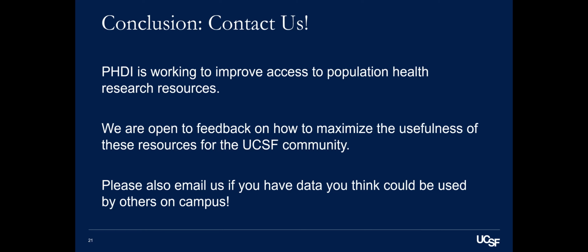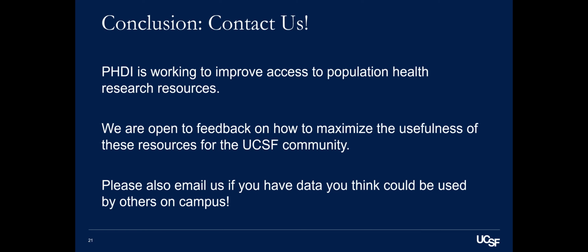And we also would love for you to email us if you have data that you think could be used by others on campus. For example, we've had people at times who were purchasing the American Hospital Association annual survey of hospitals for their own research, email us and say, hey, my grant is going to pay for me to buy the data, but I noticed that if we pay another $1,500, we can get a campus-wide license.